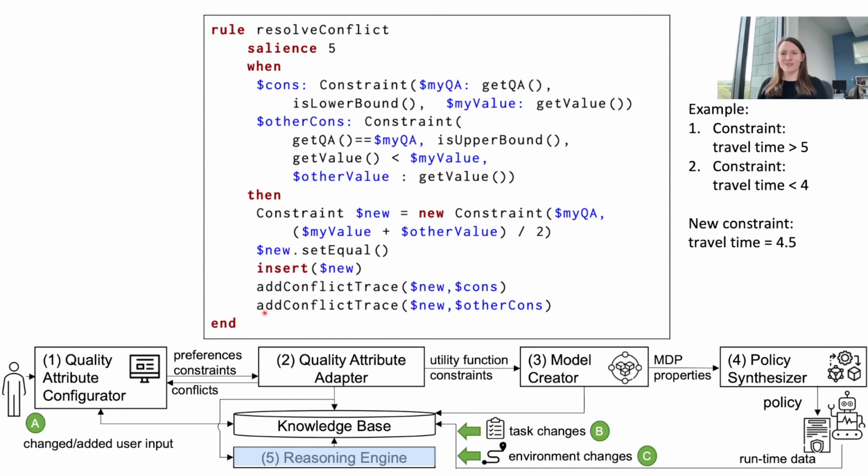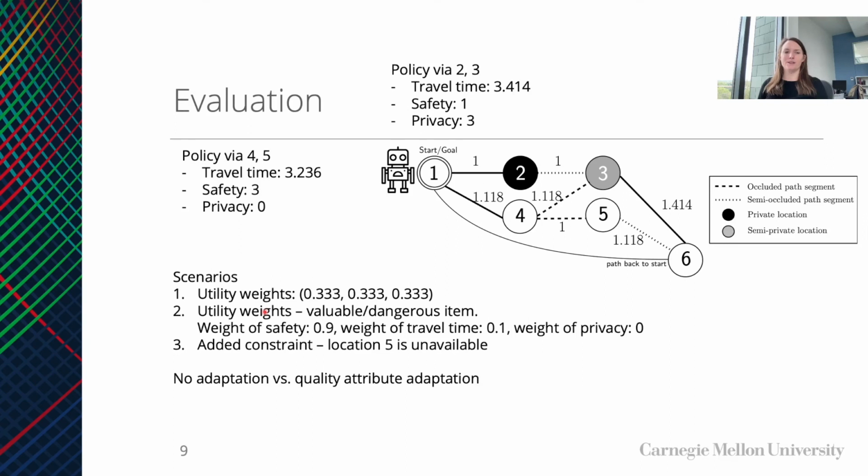For the evaluation of this approach, we've been doing an initial way of looking at scenarios in which, on one hand, utility weights are equal, 1/3 for each quality attribute, and one in which we have a scenario where a valuable or dangerous item should be transported. That means that the importance of safety is increased, and that's 0.9 in this case.